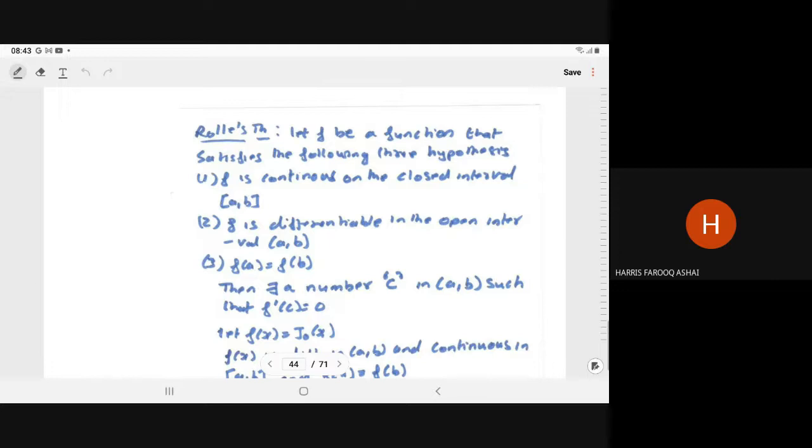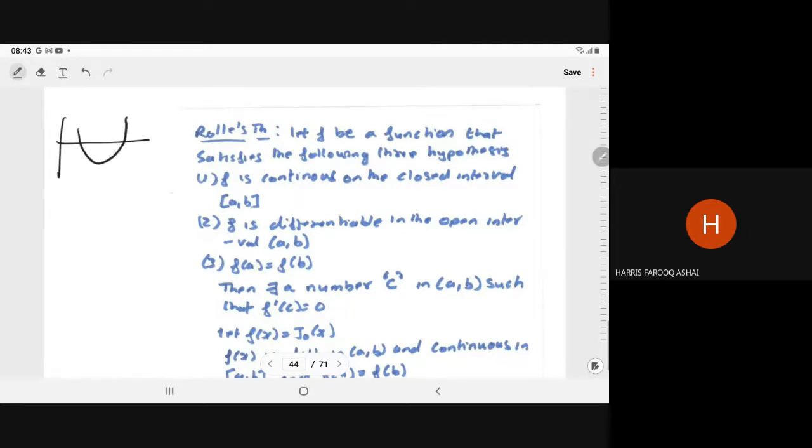So first one is f is continuous in a closed interval a comma b. f must be differentiable in the open interval ab, and fa is equal to fb.